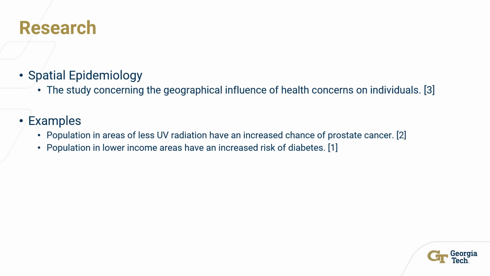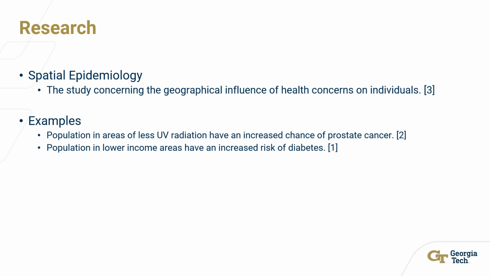Research conducted for this project consisted in the field of spatial epidemiology, and this is the study concerning the geographical influence of health concerns on individuals. Specifically, we looked at how the latitude and longitude coordinates of a county an individual resides in may affect their chance of developing a health condition.